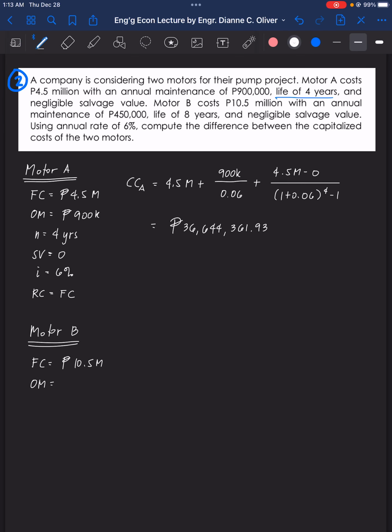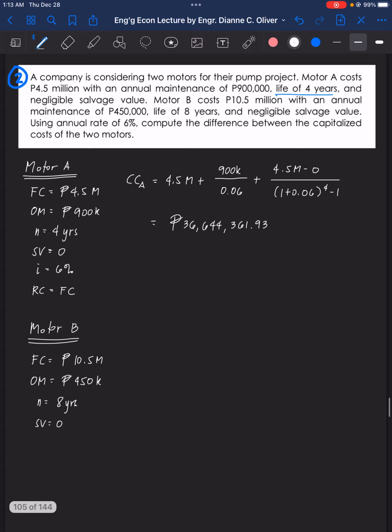So OM is 450K, life of 8 years, and negligible salvage value, SV is equal to 0. The annual rate, I, is equal to 6%. And yes, same with motor A, we have the RC is equal to FC.